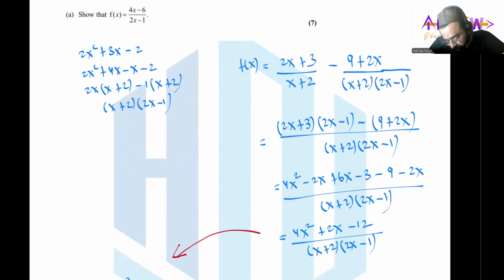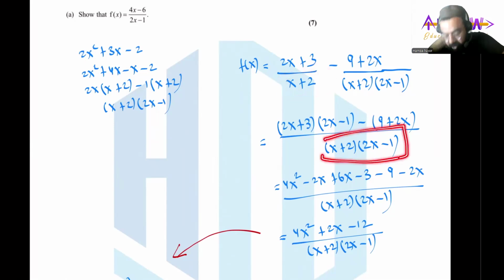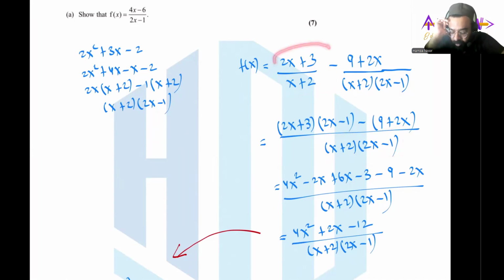All right, so the LCM would be (x plus 2) multiplied by (2x minus 1). You need to ask yourself by what term you multiply (x plus 2) such that you get this complete expression (x plus 2) into (2x minus 1). You will multiply it with (2x minus 1).